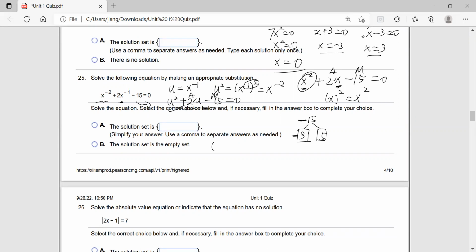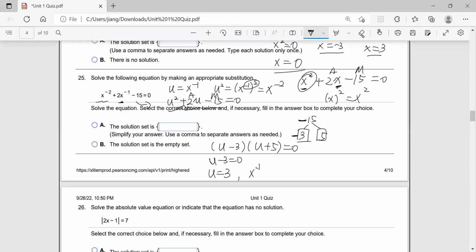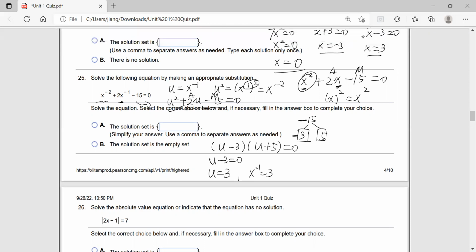So this can be factored into u minus 3 times u plus 5 equals 0. And then u minus 3 equals 0, u equals 3, because we add 3 to both sides. And this is not x, because x to the -1 is u, which is 3.